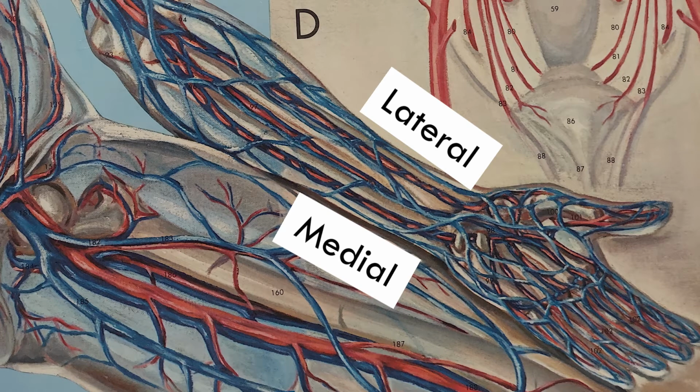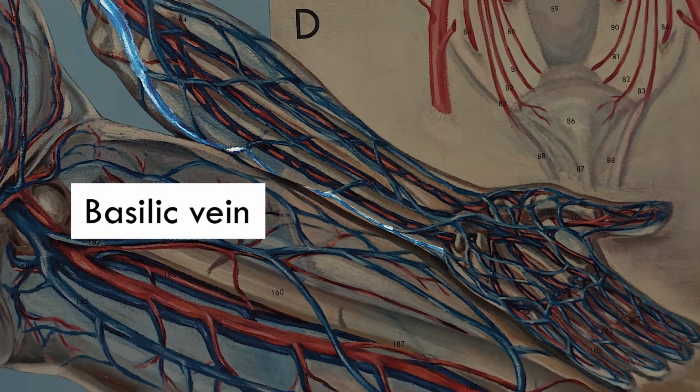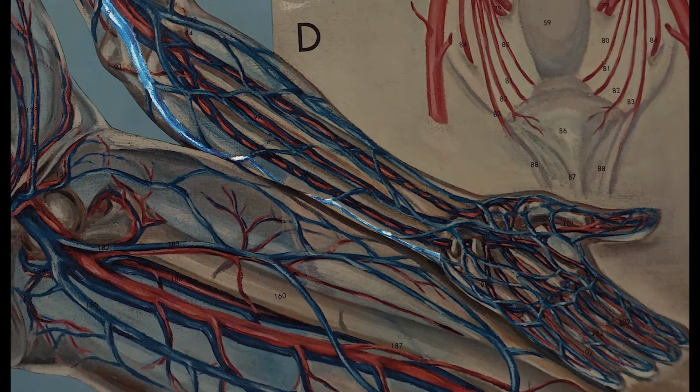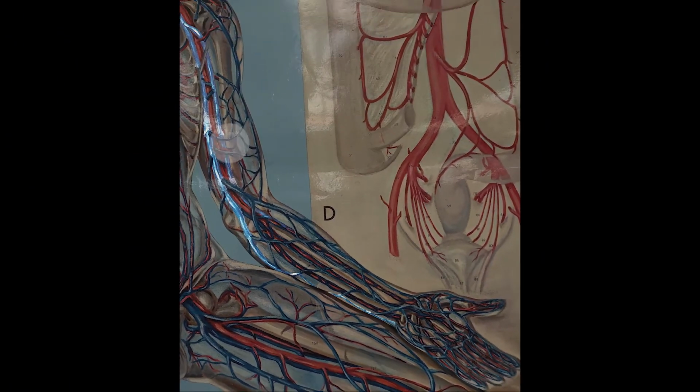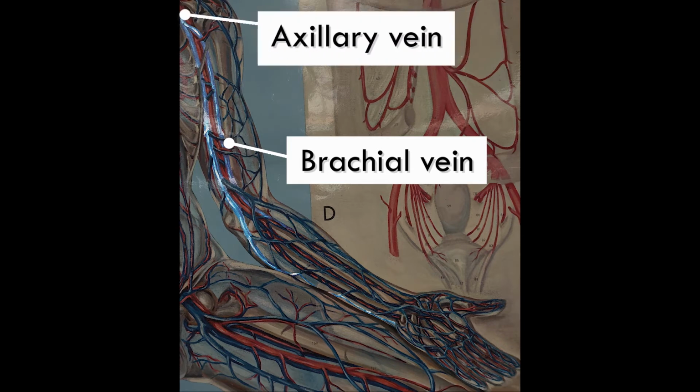So let's remember that the superficial medial vein was the basilic vein, and the basilic vein ultimately joined with the brachial veins that ultimately formed the axillary vein.